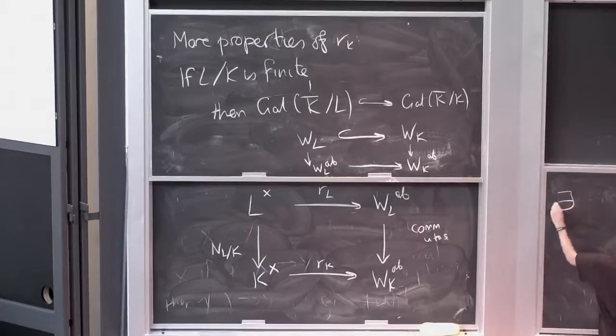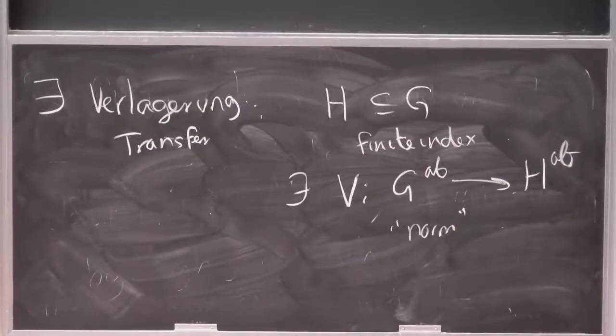So there's some weird Verlagerung map, right? This is what we call the transfer map. So if H lives in G, and this is finite index, right? Then there exists some V from G ab to H ab, which is just an analog of the norm, you see.